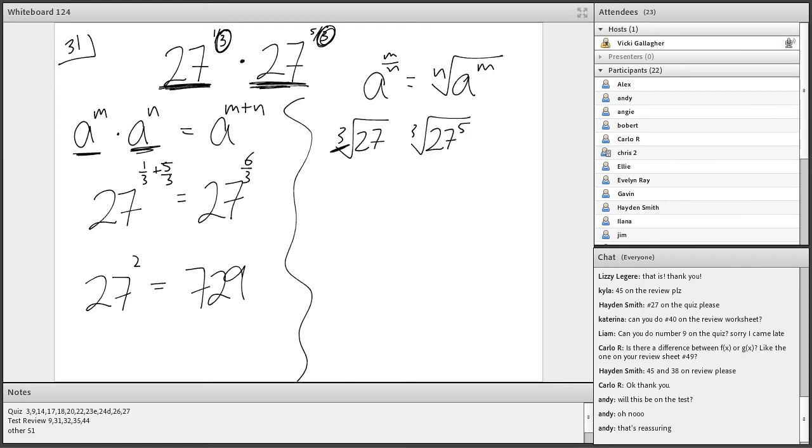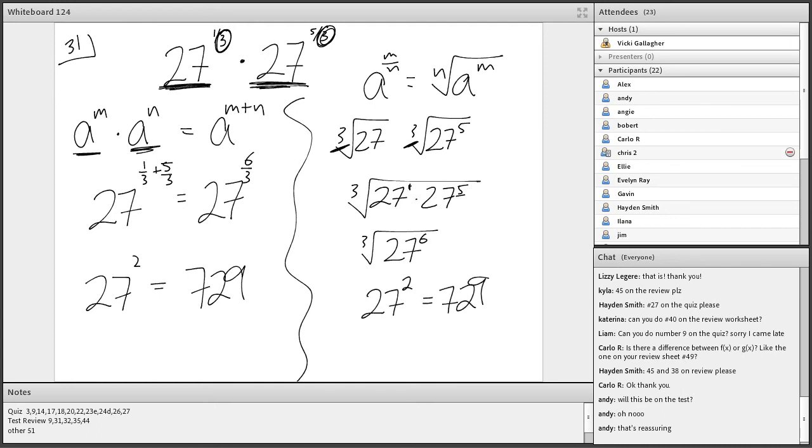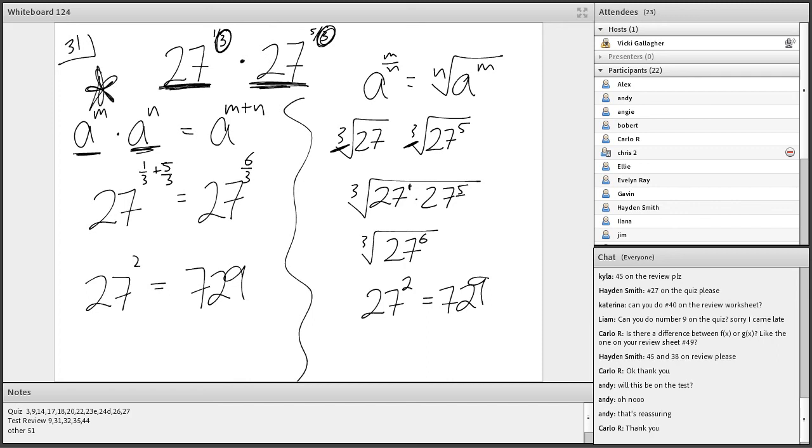Since these are both cube roots, I could put them both together: 27 to the first and 27 to the fifth. So that's 1 27 plus 5 more 27s, which makes 6 27s. That becomes, again, 27 squared, which we already know is 729. I like the first way better, but this way will get you the answer too. Use whichever one makes the most sense to you.